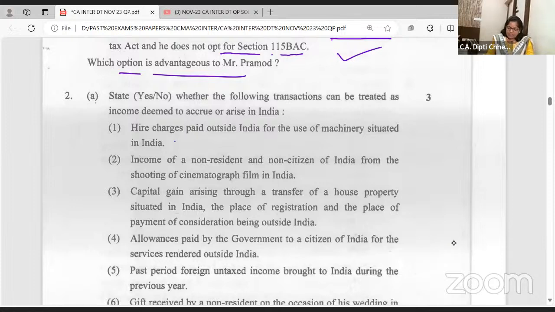Higher charges. Do you remember what is the income deemed to accrue or arise in India? Take a look here. I'm revising the provision in just 1 minute. If that income is received in India or deemed to be received, accrued or deemed to accrue to India, it is taxable in India. And if one non-resident is making payment to a resident for the project in India, it's accruing in India.